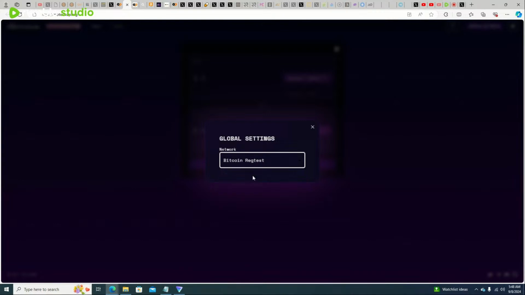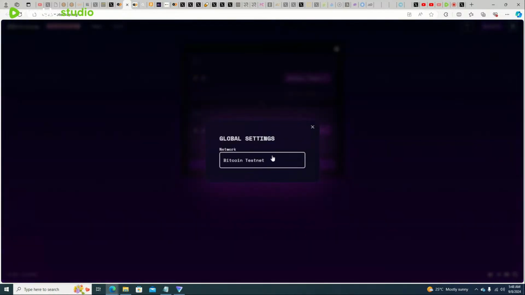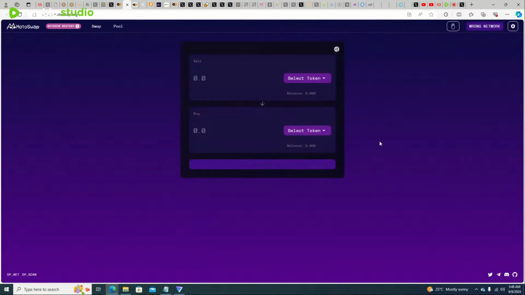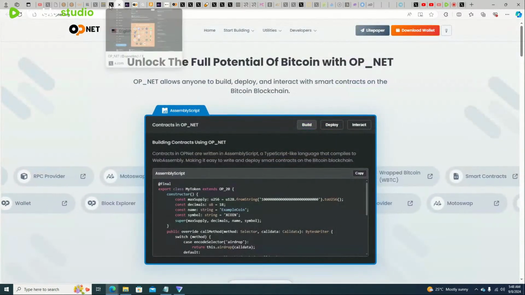So Bitcoin regtest, it doesn't have the capacity of changing the network. You can test this, it looks like you can test it with multiple options, but I would have liked to test it here.